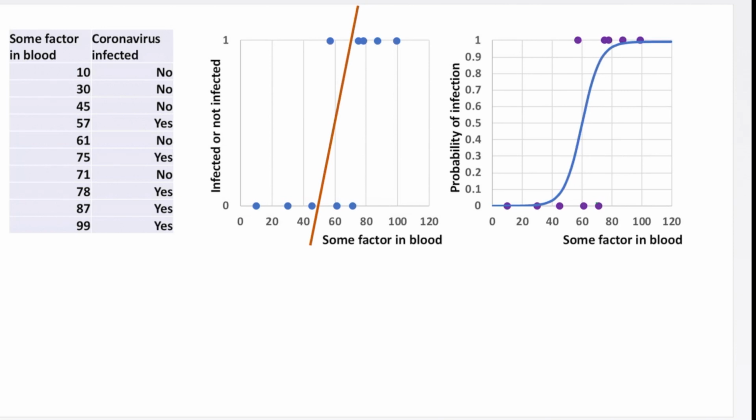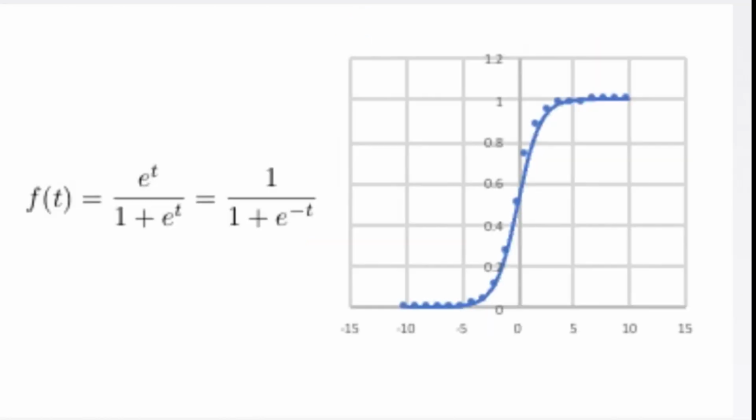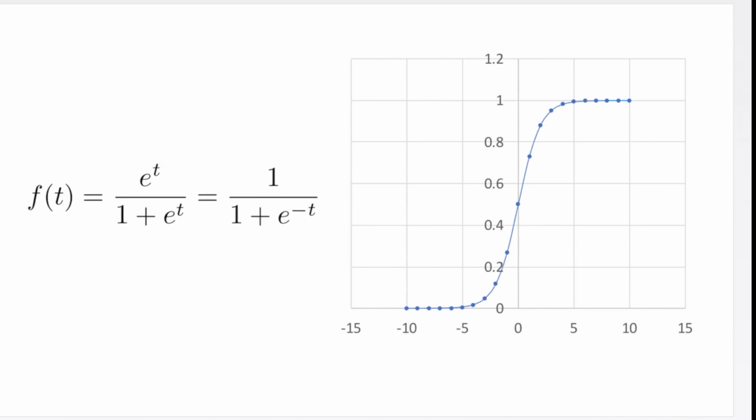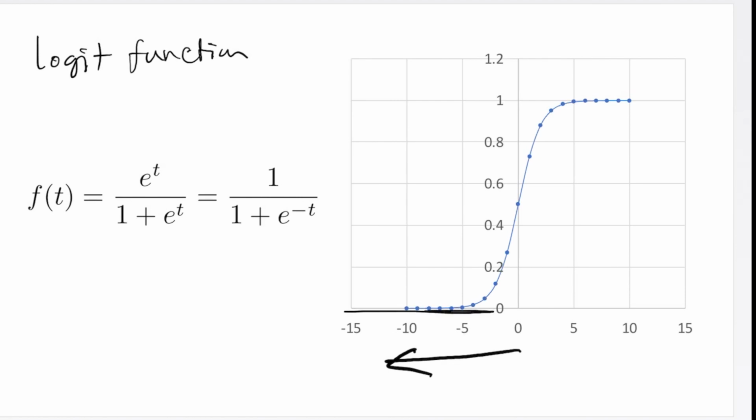Luckily, we already have an existing function in math or in statistics which is called a logit function that represents the exact same idea. For numbers which are negative, the function gives values very close to 0, and for large numbers which are positive, the function eventually gives numbers close to 1, and at 0 the function gives 0.5.